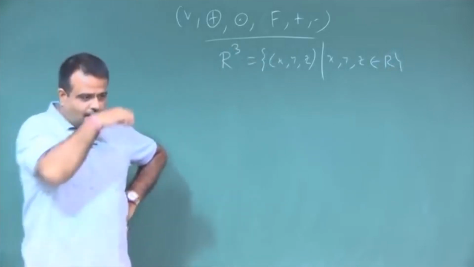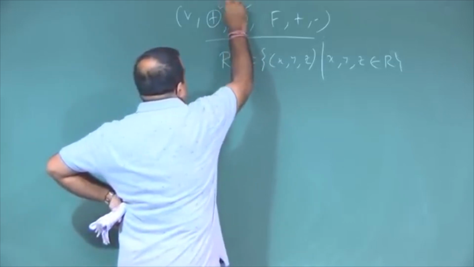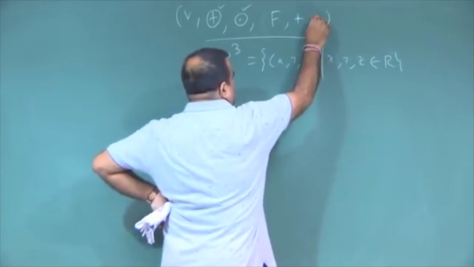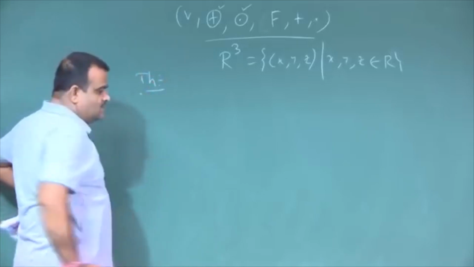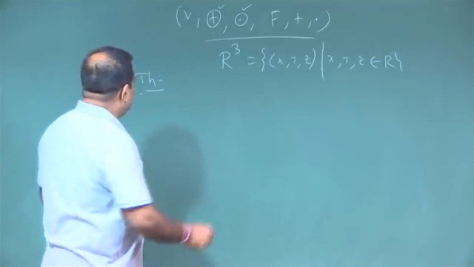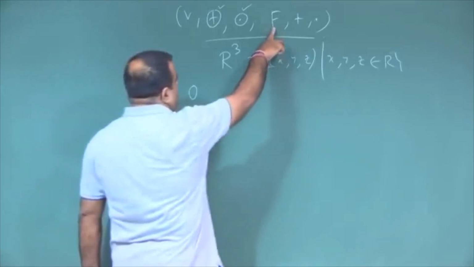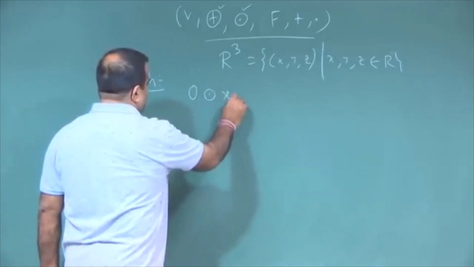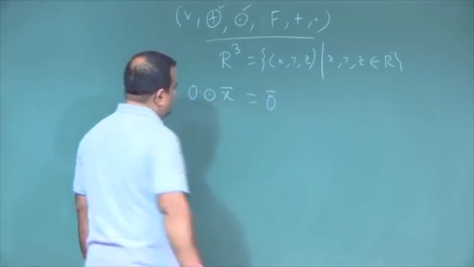So now we will define some of the properties with the scalar multiplication. This is called scalar multiplication, this is vector addition, this is the field addition, field multiplication, this dot. So we have some properties on this vector space. The first one is, if you take the 0, 0 is the additive identity over this field F. Then if we operate with any other vector, this will give us a 0 vector.